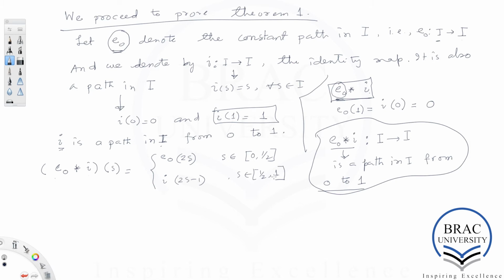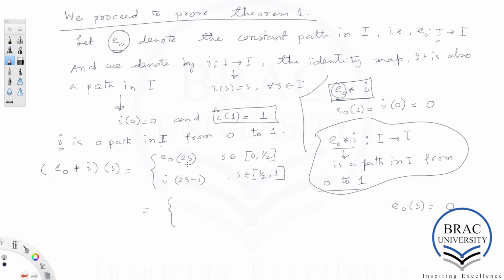And from the definition of E0 and I, E0 is a constant map, right? So E0 at S is equal to 0 for all S in I. That is how E0 is defined.